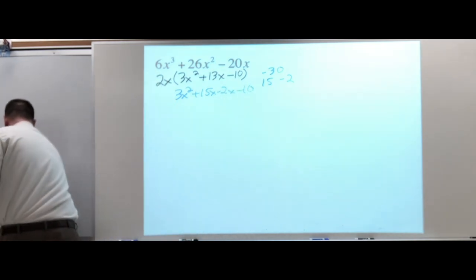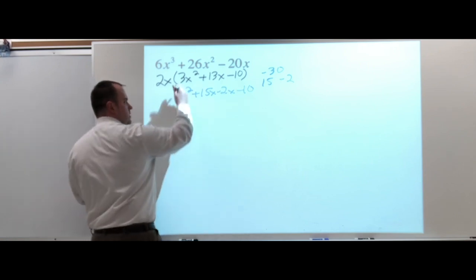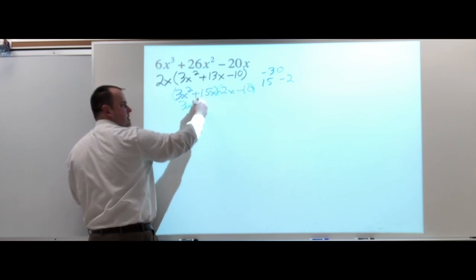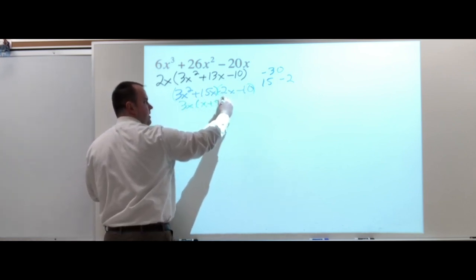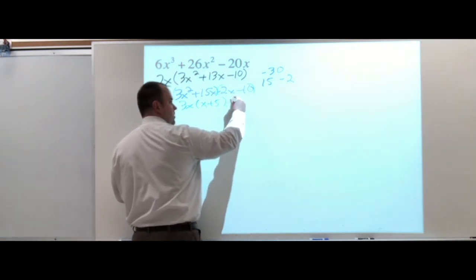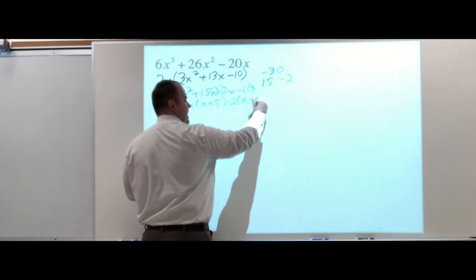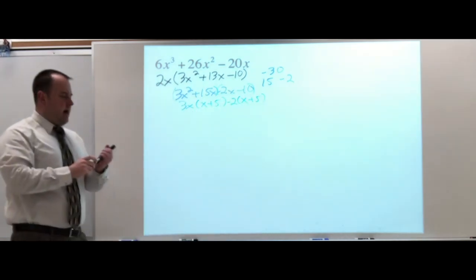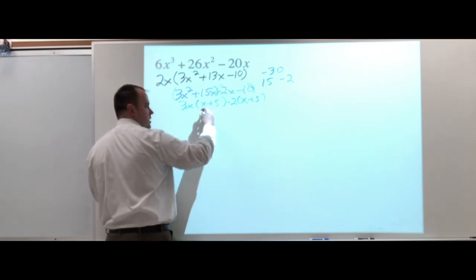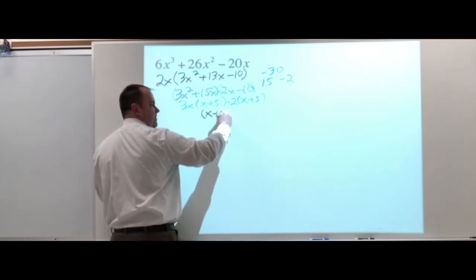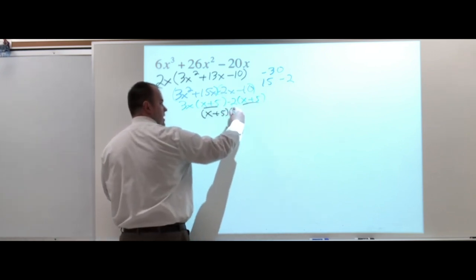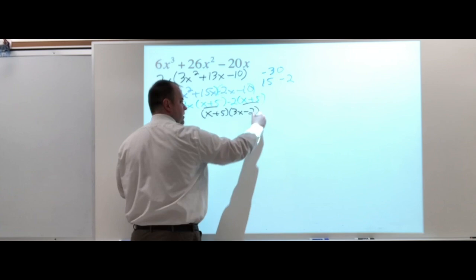Going to group those. Take out a 3x, gives us x plus 5. It's negative 2x minus 10, so I'm going to take out a negative 2, which gives us x plus 5. Got to watch those signs for that one. And rewriting this, x plus 5 is in both parentheses, so we're good: x plus 5 times 3x minus 2.